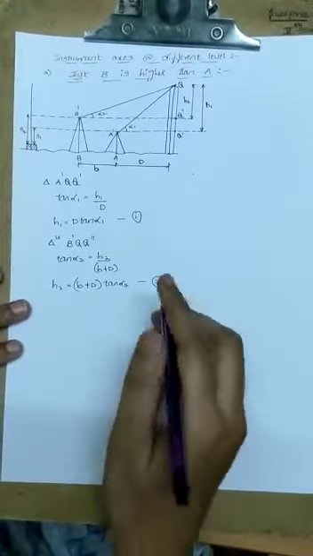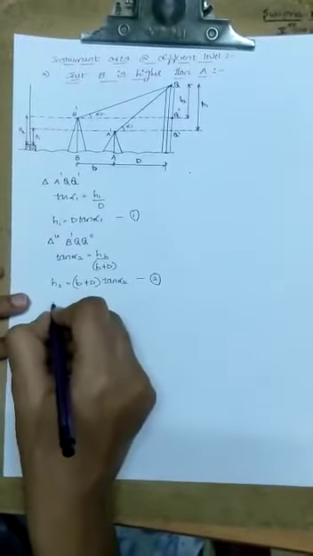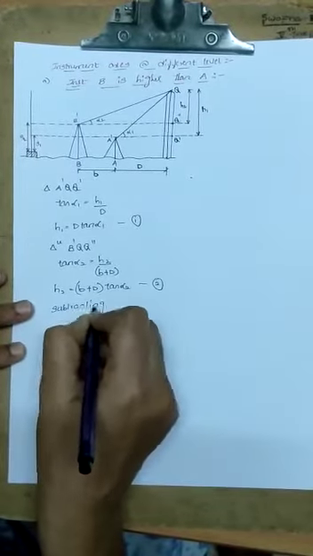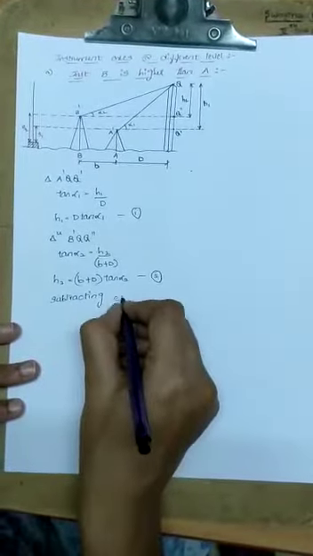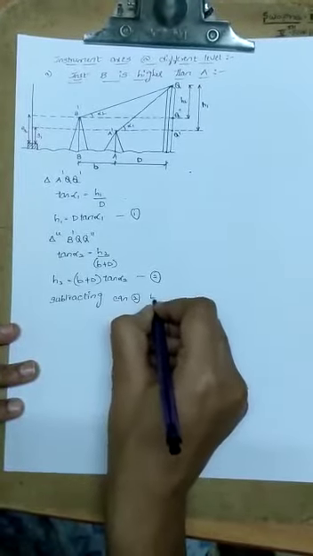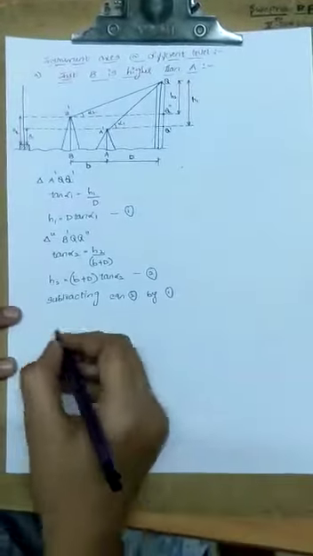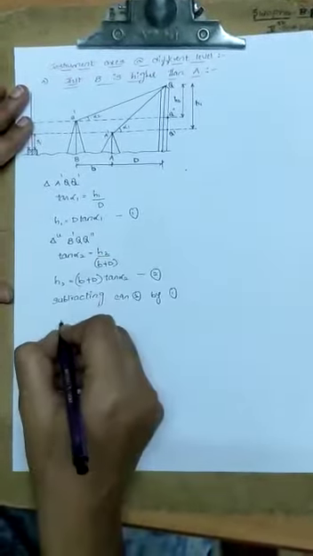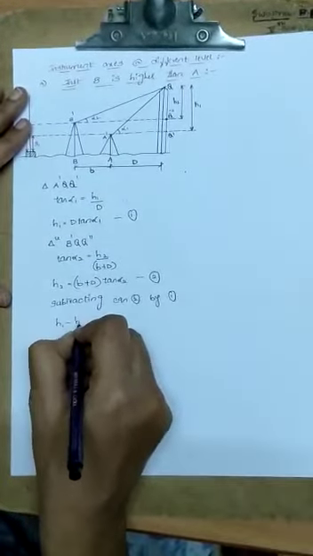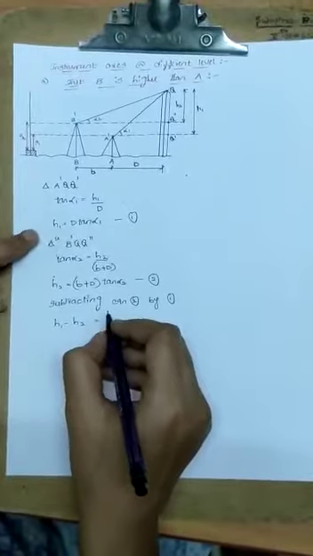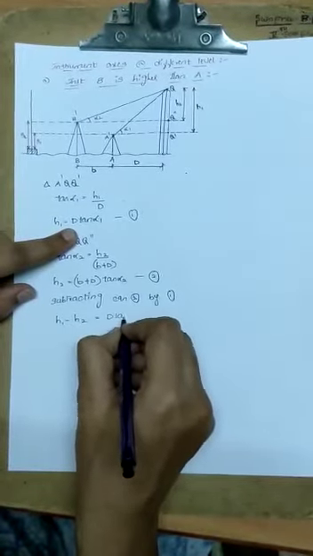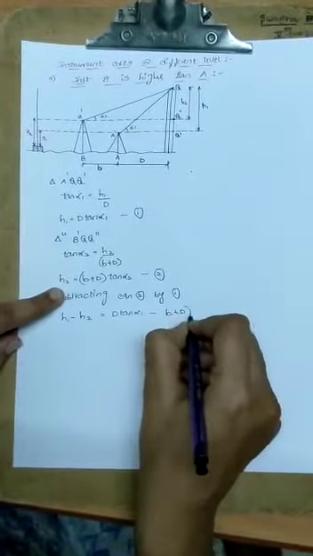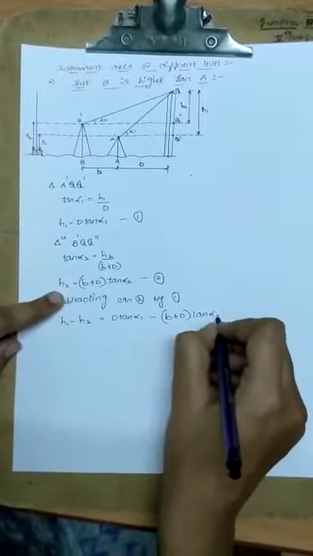Then subtract equation 2 from equation 1. Then it will be H1 minus H2, that will be equal to, what is the H1 equation, that is D tan alpha 1, right, minus H2, which is B plus D into tan alpha 2.